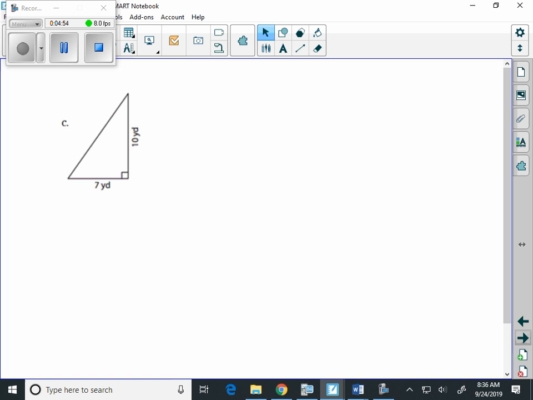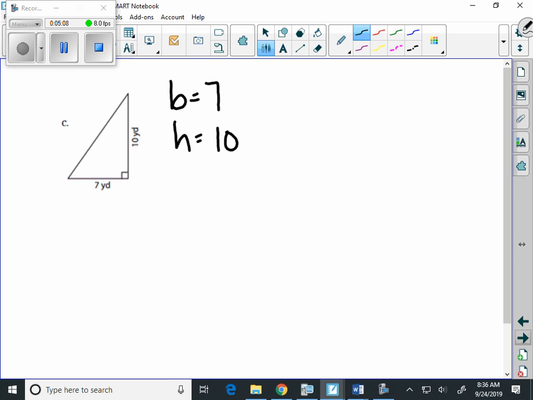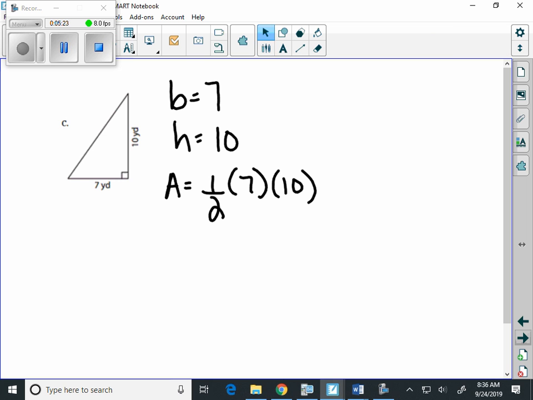Letter C, a right triangle. So we can identify, in this particular case, the fact that our base is 7, our height is 10. You could mix those up if you chose. So when we fill in our formula, area equals 1/2 times base times height, and we type it into our calculator.